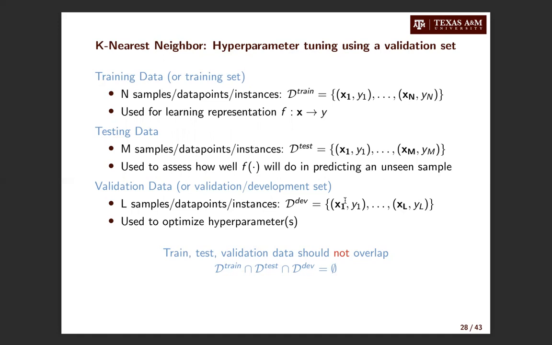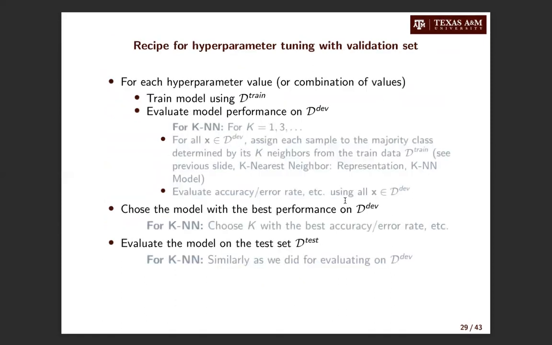So training set, testing set, and validation sets are three different types of sets that are being used in order to train and fine-tune our algorithm. These three sets should not overlap, again, in order to ensure adequate generalizability of our model.